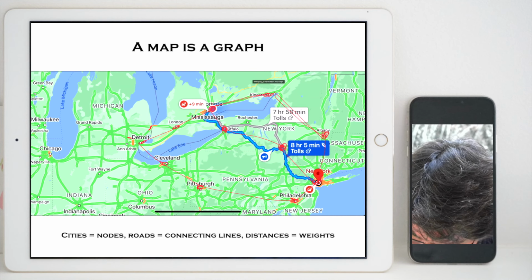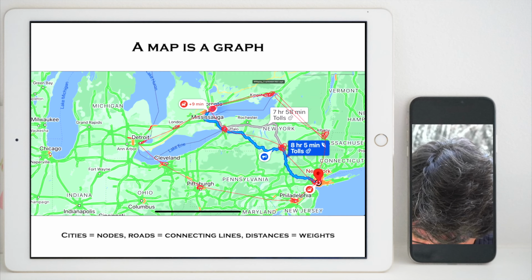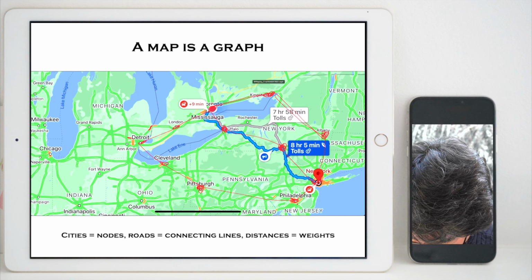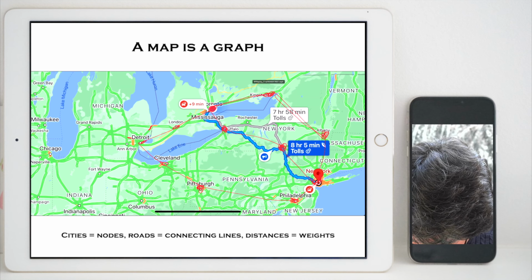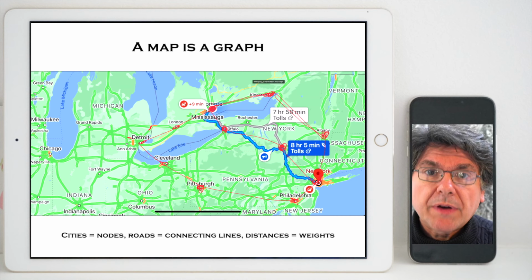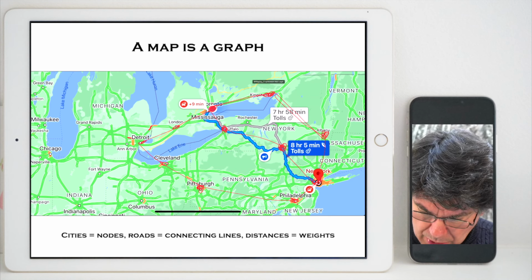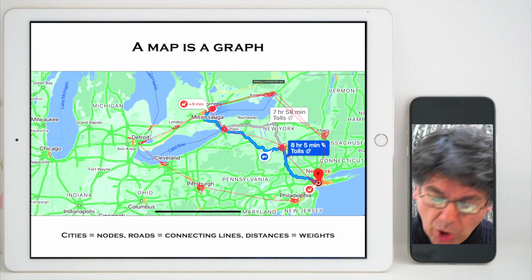Some of these nodes are connected, like Toronto and Kingston, and others are not directly connected, like Toronto and Pittsburgh. From this perspective, the problem of finding the best route is a problem in combinatorial optimization or graph optimization.